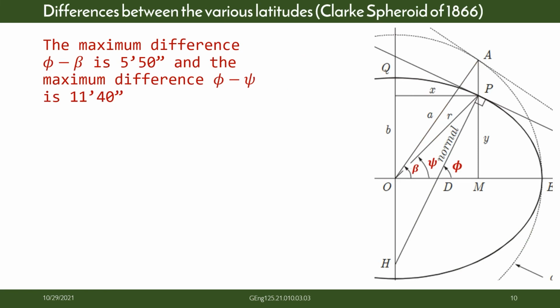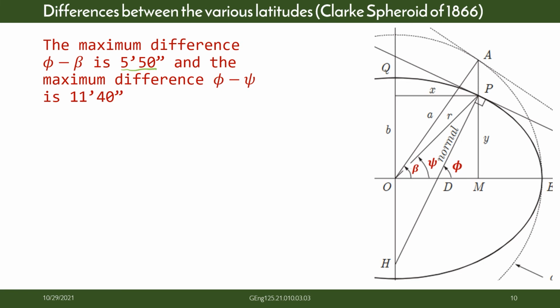So here, these are the differences of various latitudes. So given that we use the Clarke spheroid of 1866, the maximum difference between the geodetic and reduced latitude is 5 minutes and 50 seconds, meaning this is the maximum difference that we could attain if we use this spheroid or ellipsoid.